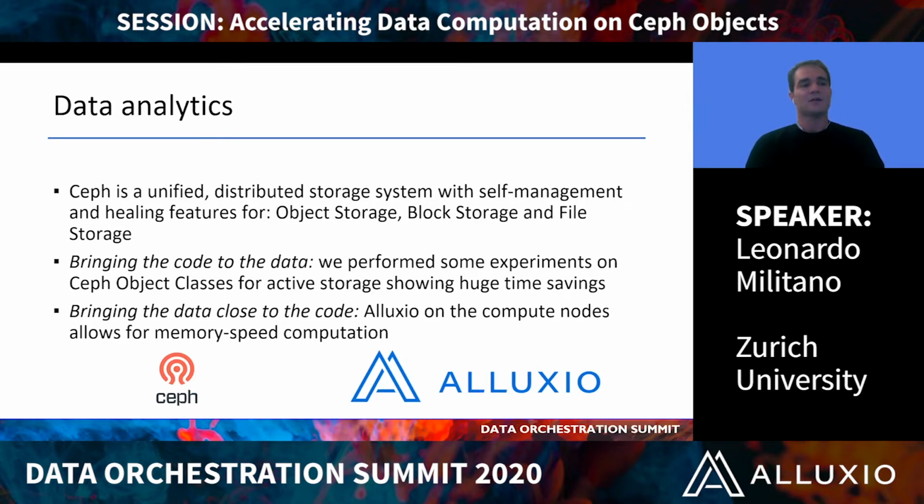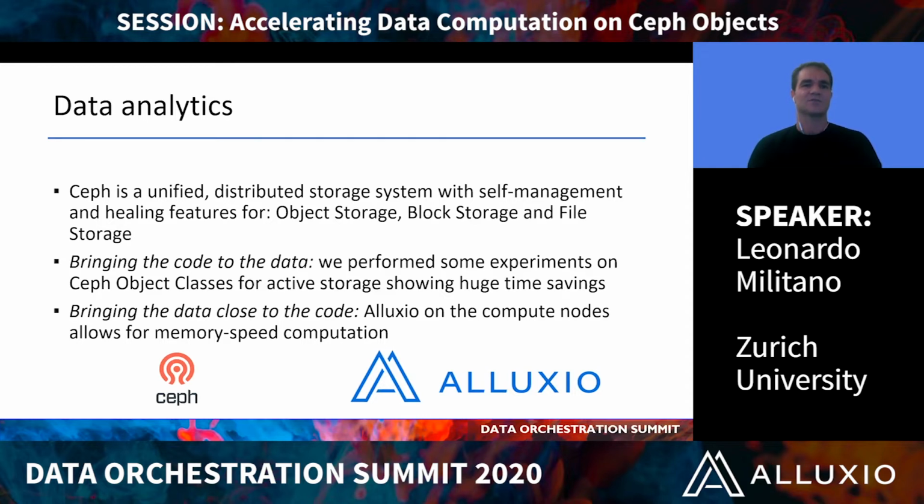And then we wanted recently also to investigate the other approach, which means bringing the data close to the code. And we got to know Alluxio, which is a solution for compute nodes that allows memory speed computation. The nice thing that we found out is that Alluxio also supports Ceph storage as a backend.